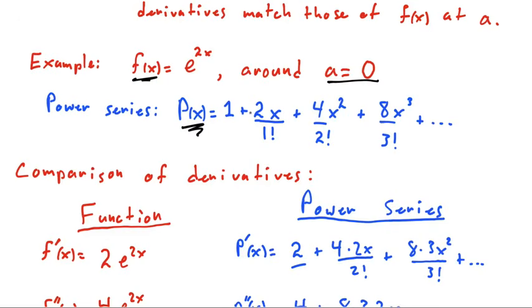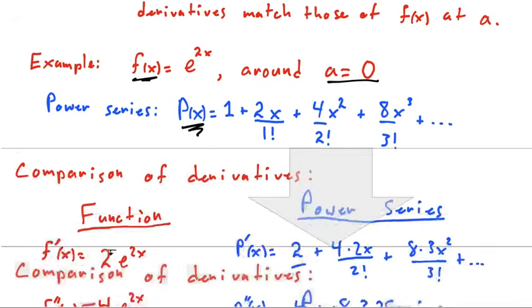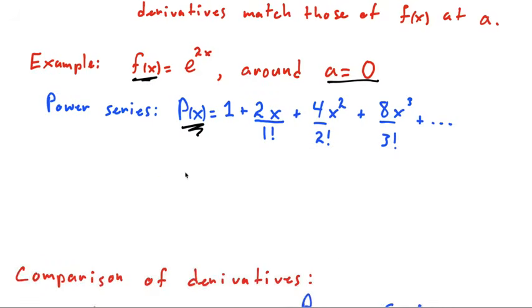Now, we can notice a pattern here in this power series. We have 1, 2, 4, 8. Those are powers of 2. And in the denominator, we have 1 factorial, 2 factorial, 3 factorial, etc. We could write this power series in summation notation. We could express this power series as the sum, where n goes from 0 to infinity.